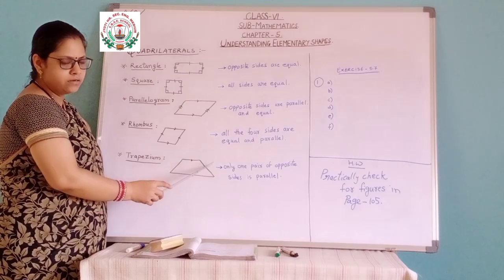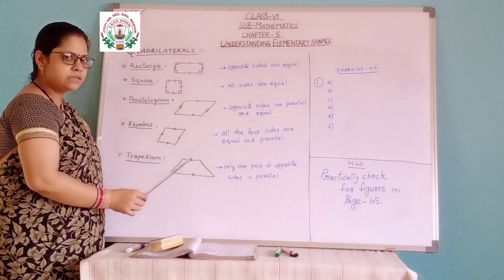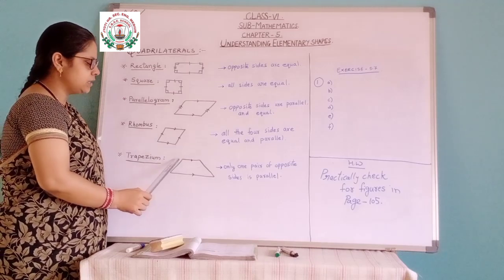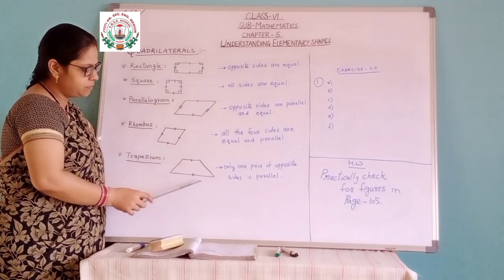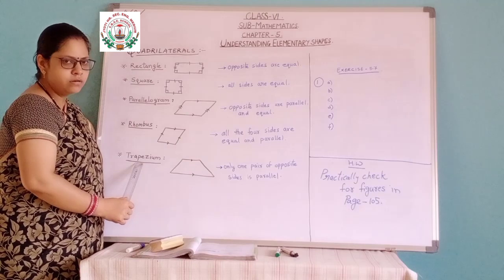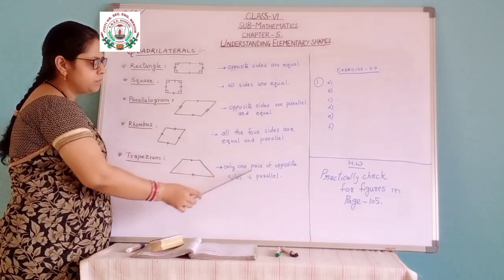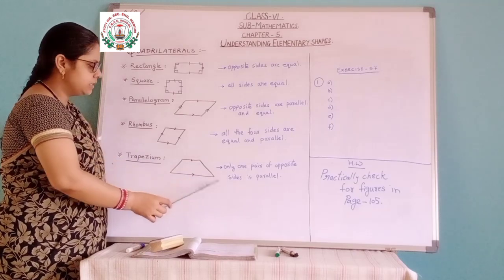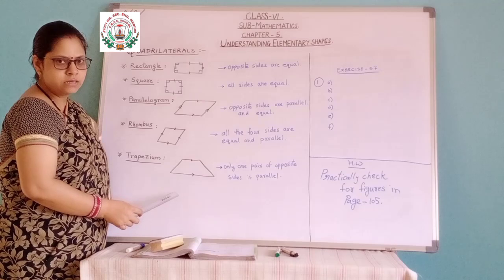Sometimes it can be parallel also, sometimes it may not be. That is the case. But one opposite pair is parallel. That is the condition for trapezium. So trapezium means only one pair of opposite sides is parallel. So all these special types of quadrilaterals are clear.